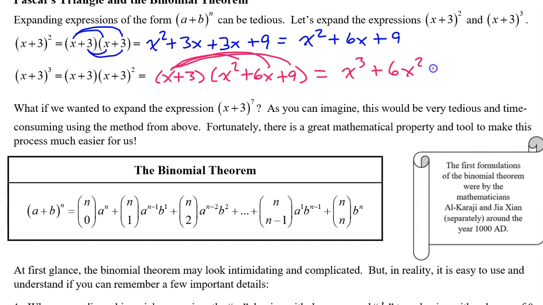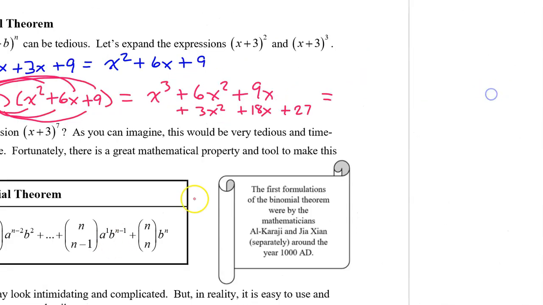And then x times 9 is 9x. And now I will distribute the 3. So that's going to be plus 3x squared plus 18x and plus 27. Combining like terms, this gives us x to the 3rd power plus 9x squared plus 27x plus 27.